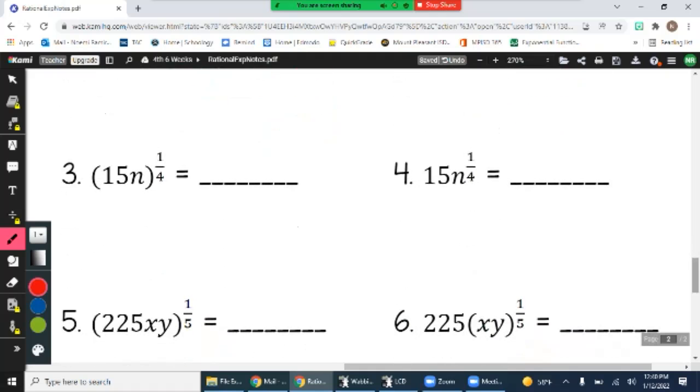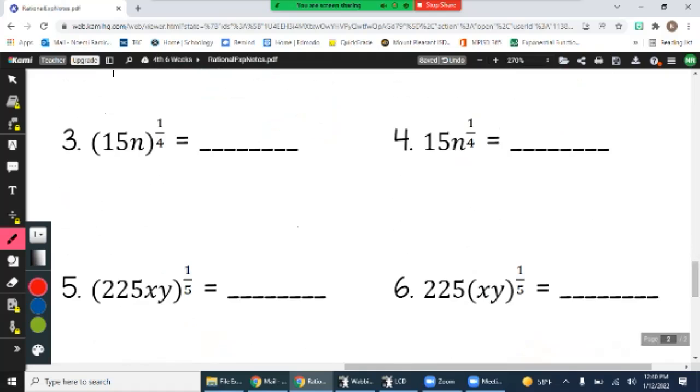Now we need to worry about what goes inside, what doesn't. Okay. So number 3, draw your radical symbol. What goes inside the radical symbol? 15n. I want to keep them together, so I'm going to just go ahead and keep them in the parentheses. Exponent of 1. What index? Index of 4. Index is your outside number.